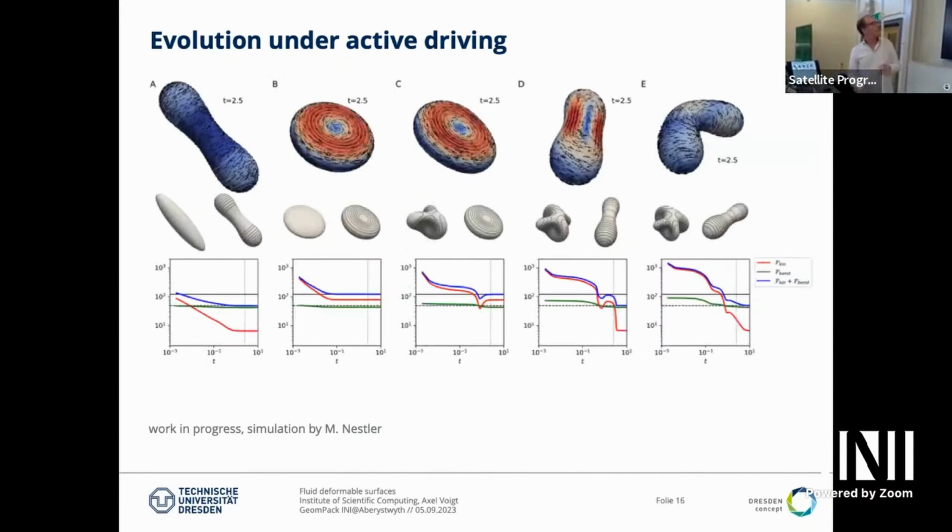One can do this by looking at the dynamics here as well. Here this is done in a bit more systematic way. It's always the same reduced volume, so the same relation between volume and surface area, but different initial shapes, like this, that. And the same forcing, and the question is how does it evolve? These are some intermediate states, and these are the configurations we get at the end.